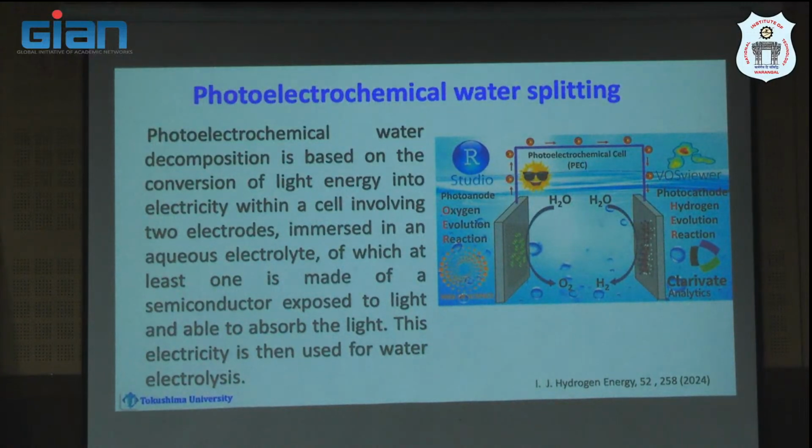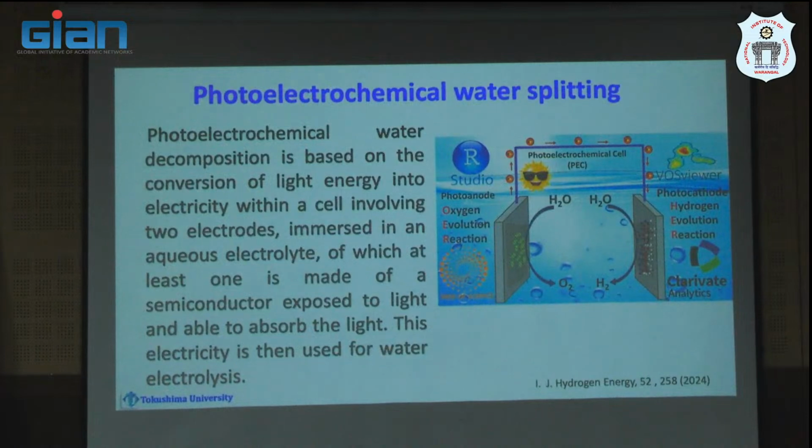We call it electrolyte, of which at least one is made up of semiconductor exposed to the light, and able to absorb the light.